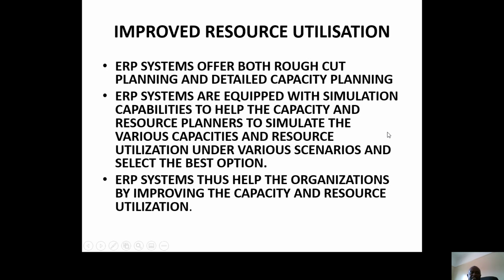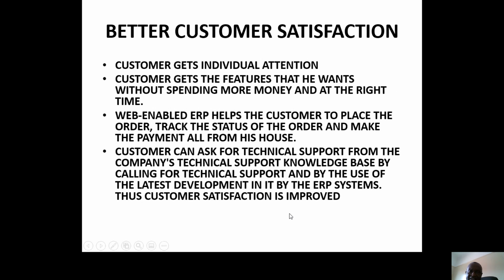Improved resource utilization. Now it's not wasteful. Proper planning is done. Capacity planning is then improved. ERPs help the organization by improving the capacity, resource allocation and resource utilization. Everything being computerized. All right.